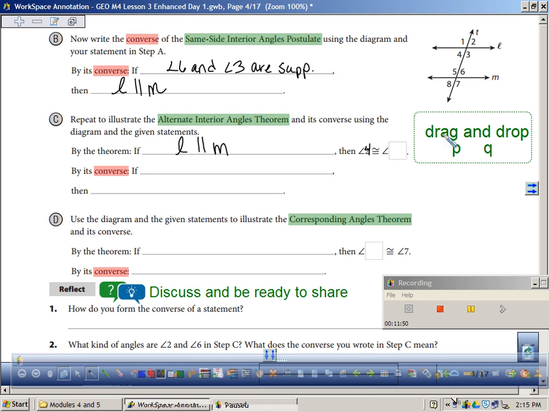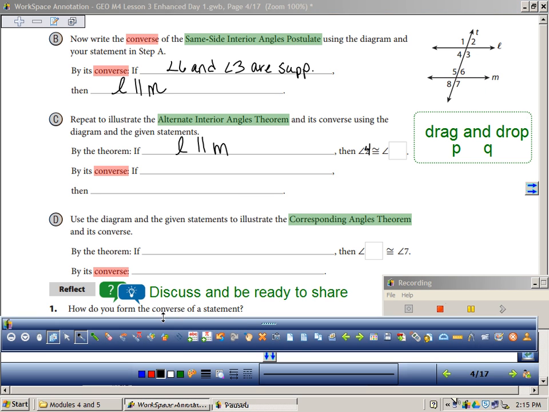I need somebody to stand up for 2. Who votes for 2? Who votes for 6? Okay, why 6? Because they're on the interior. Perfect. Right here. That would have been a good exercise though, right?